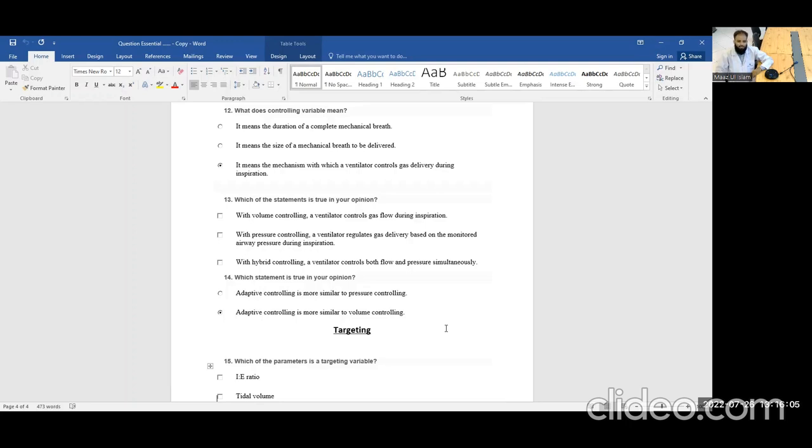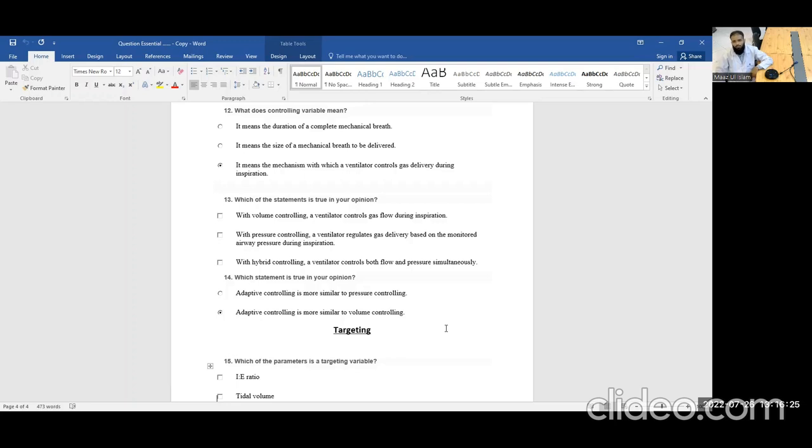Then question number 13. Which statement is true in your opinion? With volume controlling, a ventilator controls gas flow during inspiration. With pressure controlling, a ventilator regulates gas delivery based on the monitored airway pressure during inspiration.